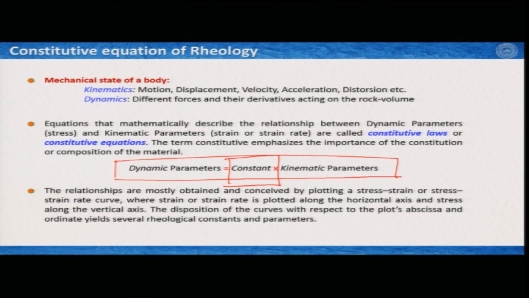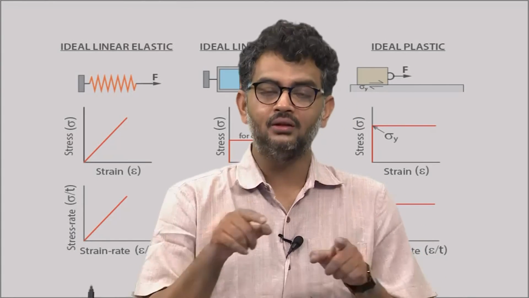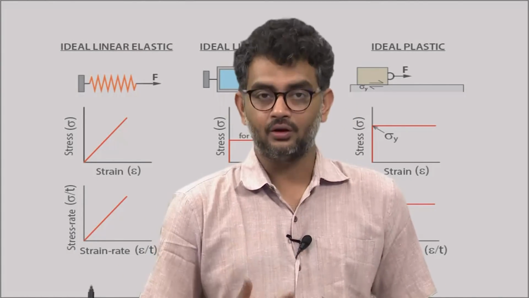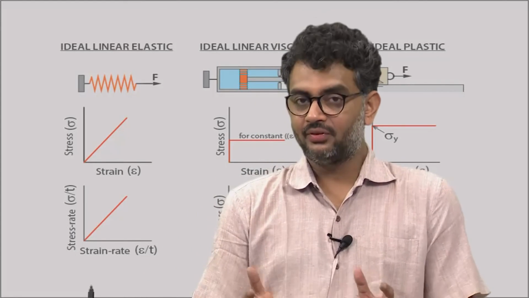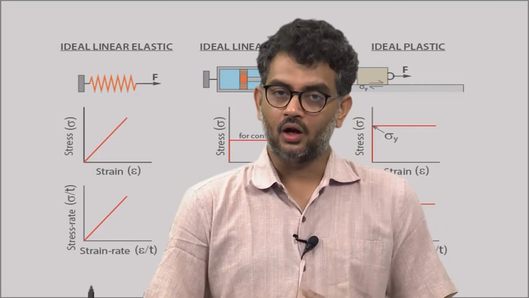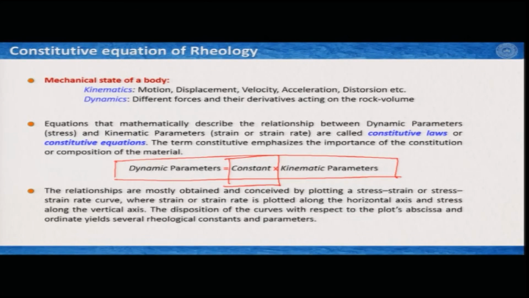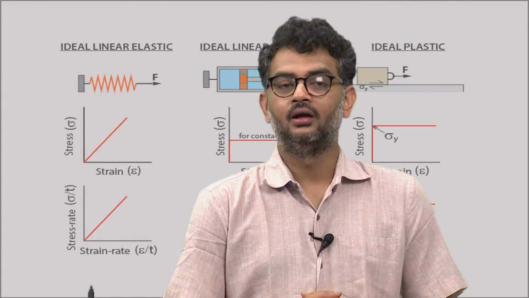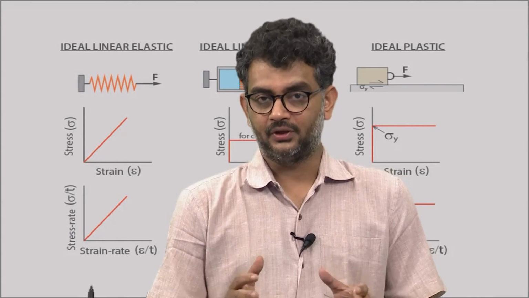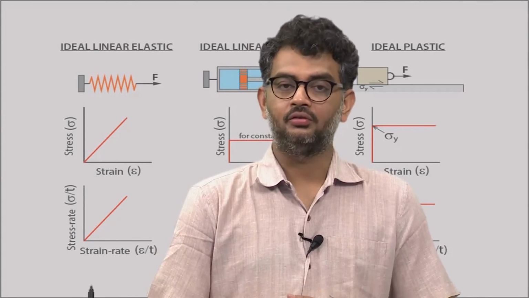From the disposition of the curves, their different orientations, the different ways they appear within the framework of the stress strain or stress strain rate plot, one can figure out the rheological properties or rheological constants for that particular deformation behavior. So, we will take a break and move to the next segment, where we try to classify the rheological part, and that we will cover in the next segment.